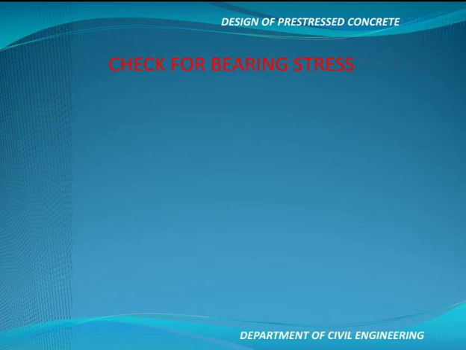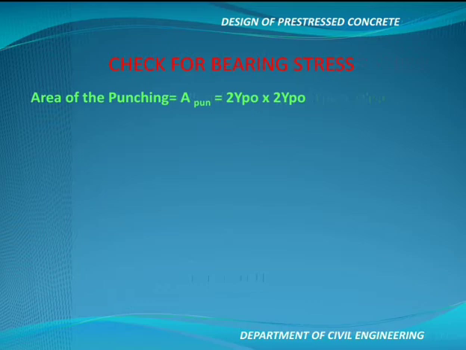So let's go for the check for bearing stresses. For this, first we need to obtain the area of punching. This is the area over which the punching effect because of the prestressing force takes place. I think we have heard a similar word in design of footing where we have something called punching shear. In this we have to take the area under consideration which is likely to undergo this punching effect.